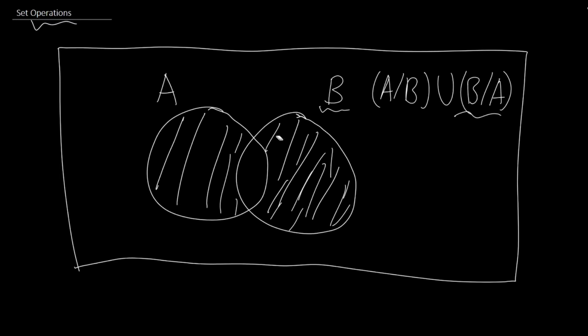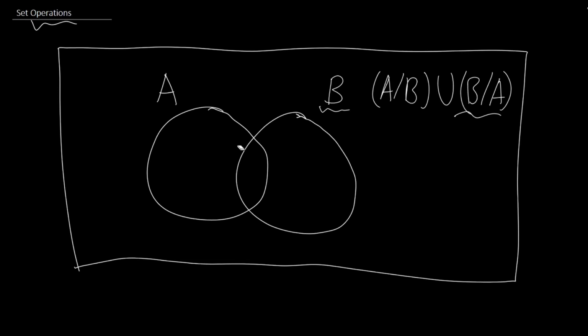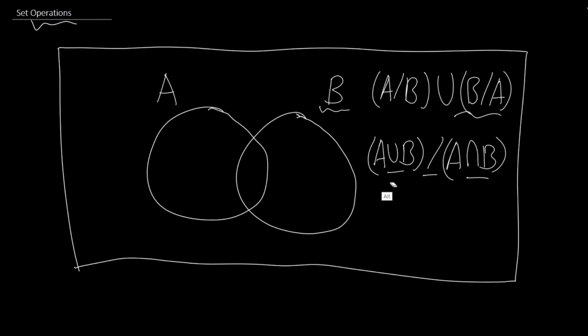Alright, what if we try a different combo of operations? What if we want A union B take away A intersect B? This one contains all 3 set operations that we learned: the union, the takeaway, and the intersection.